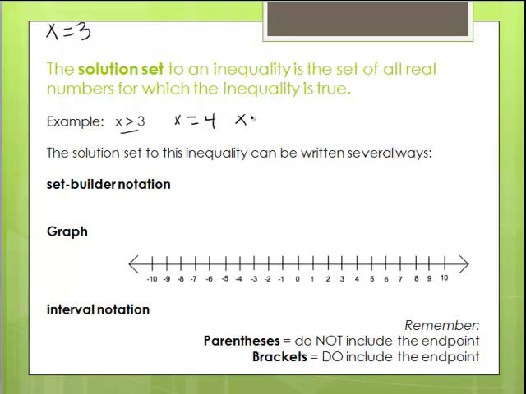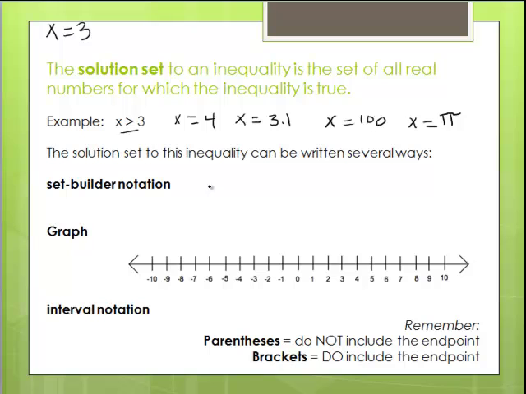You could have x is equal to 3.1. That's greater than 3. You could have x is equal to 100, or x is equal to pi. We could just keep going on and on and on. So we represent all of these numbers as an inequality. This means that all the solutions are greater than 3.